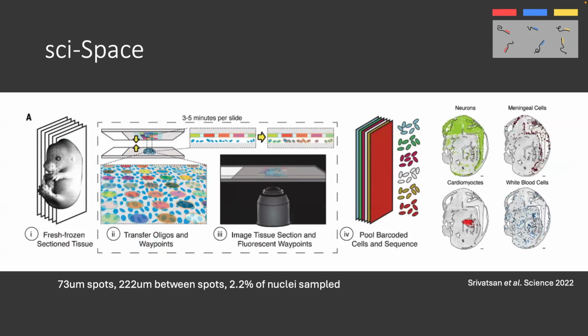They have a microarray of spots instead of beads, where also they diffuse into the cells, they tag the cells, and then they proceed with single cell RNA-seq. Spots are 73 micron. There's some gap in between, and here they noticed that they measured 2.2% of the nuclei that were originally in the section that also ended up in the data set. But again, because it uses existing single cell pipelines, it's easily adaptable and will give you extra information.